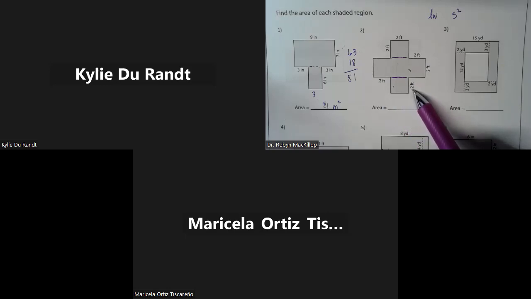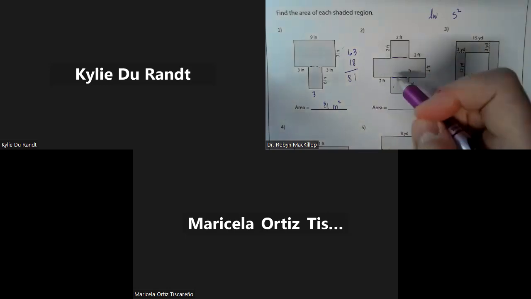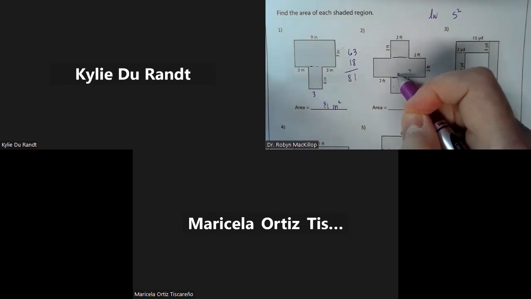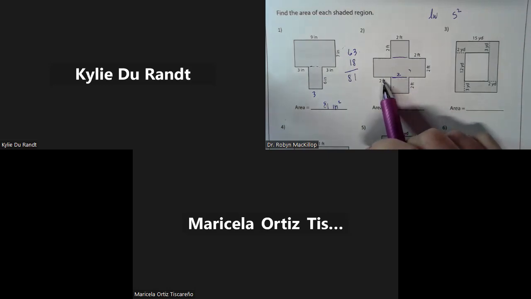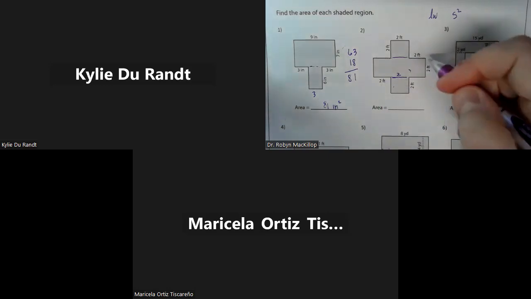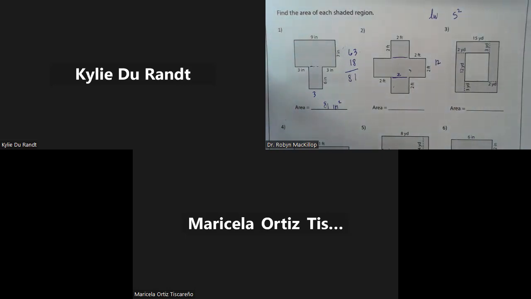So if this side is 2, so is this one, so is this one, so is this one. So now our rectangle is 2 by 2, 4, 6. So it's a 2 by 6. And that means that rectangle is 12 area.